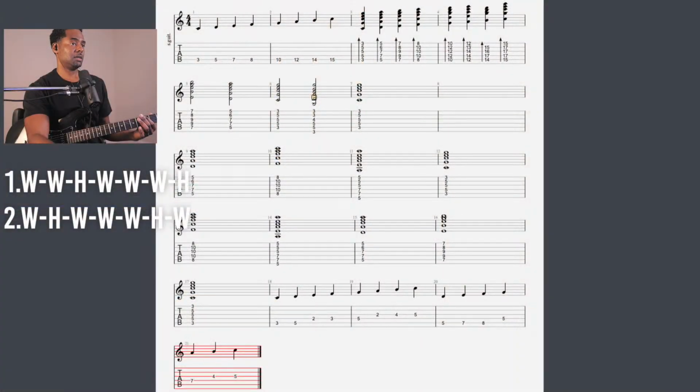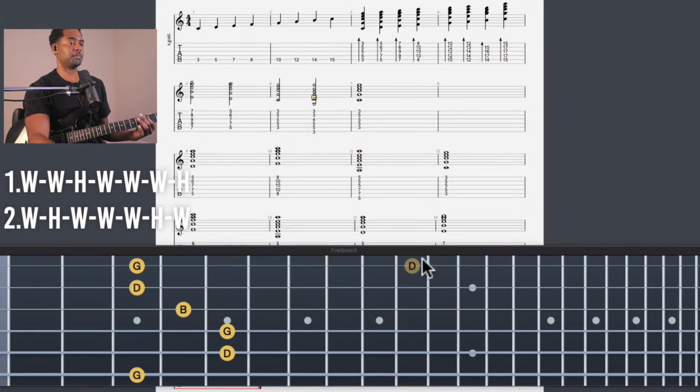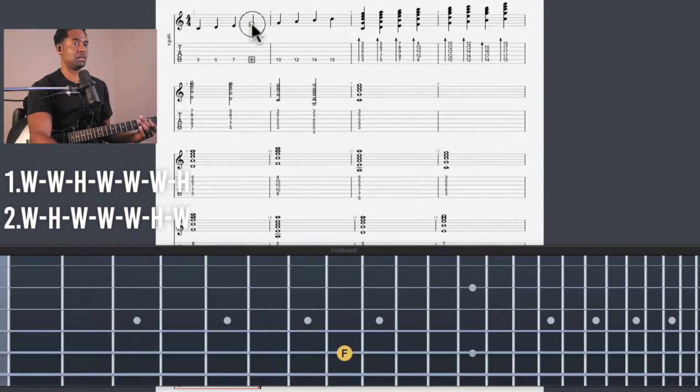Because if this is the C, go back to the illustration. If that is a C, and this is the 2 of that, which is a D, then you go to E, then F, and when you know those are the intervals, and it's matching with what you're hearing, then you can pretty much determine, oh, this is the key of C. Oh, wow.